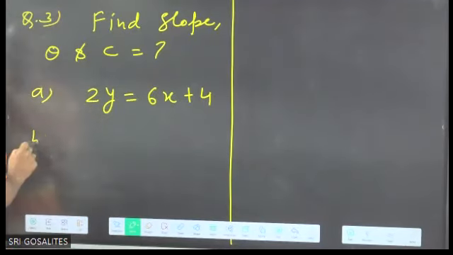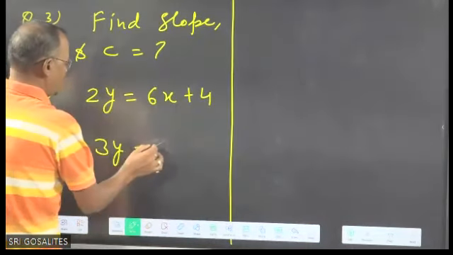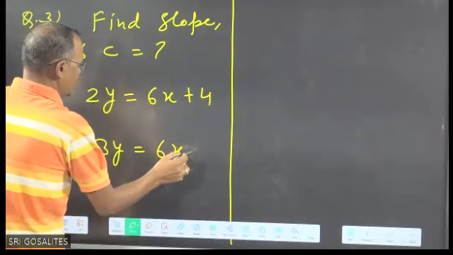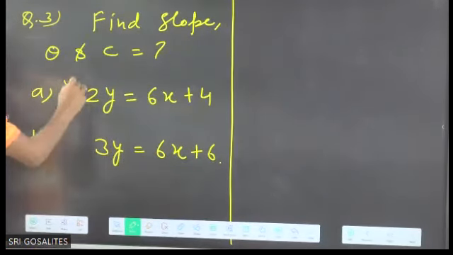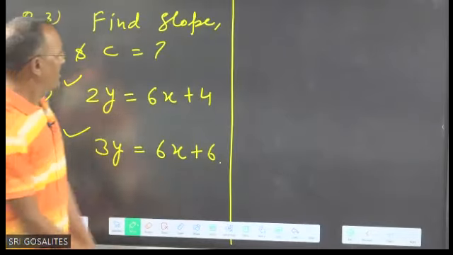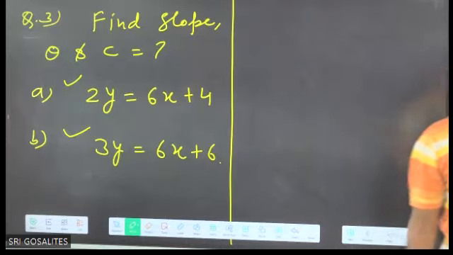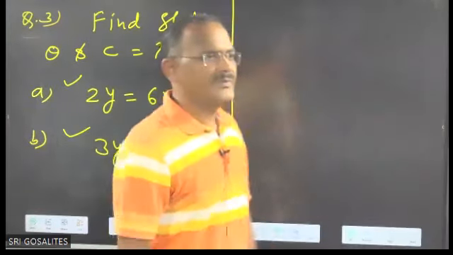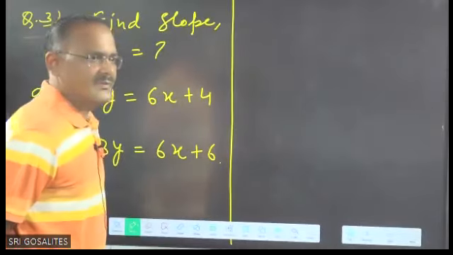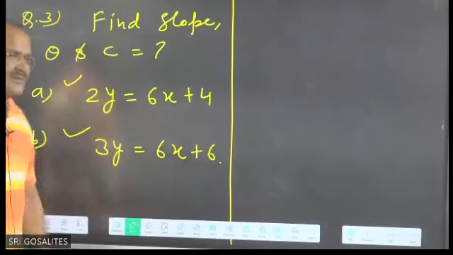And the second, 3y equals 6x plus 6. Come on. For these two lines, now you tell me what the slope is, what the angle is, and what the intercept is. Come on, kids. 5 minutes for you. Solve it. These are the equations of lines.